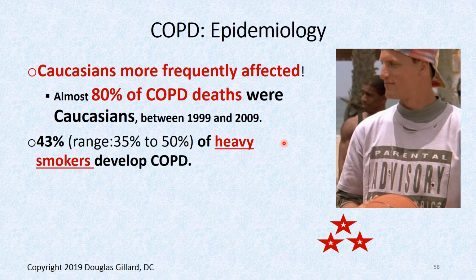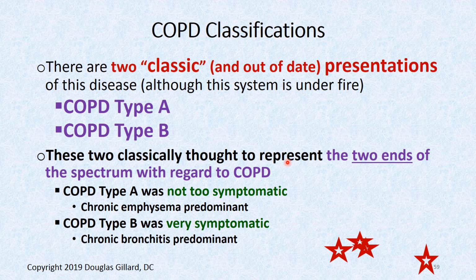In 1999, a 10-year study found 80% of the deaths from COPD were of Caucasians. These people are usually heavy smokers, especially the chronic bronchitis patients. But not always. Some people get COPD and never smoked in their life, but that's not the norm. The norm is that they've been heavy smokers.